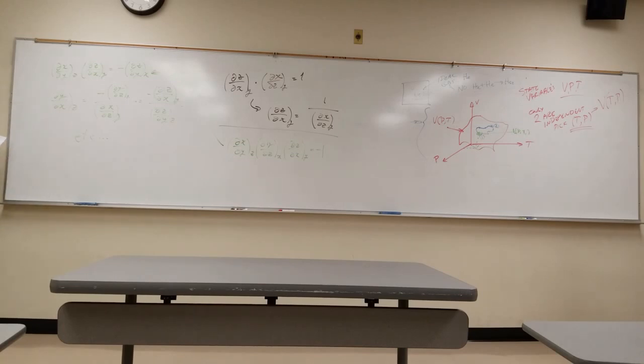And what you'll learn in the next lecture is that what makes that useful is that each of these partial derivatives are actually measurable quantities. The partial derivatives of free energies with respect to state variables are things such as heat capacities. And this will let you transform between those.